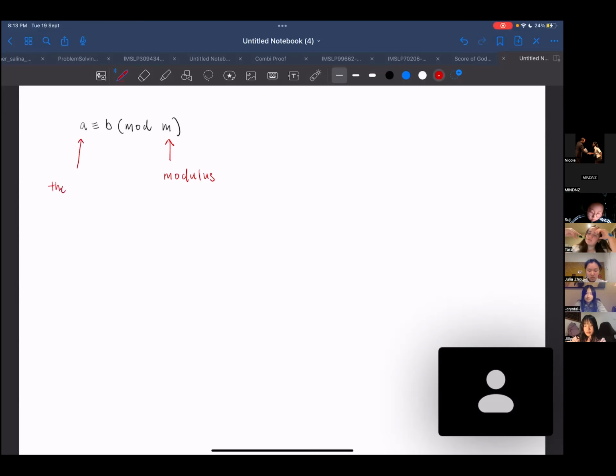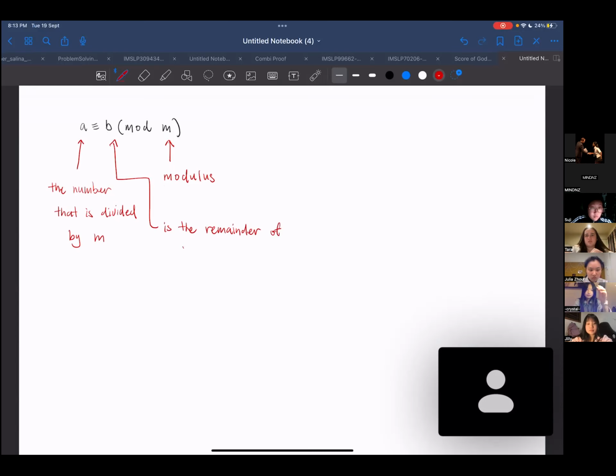A is the number that is divided by M. And then B is the remainder of A when divided by M. Does that make a bit more sense as to the notation?